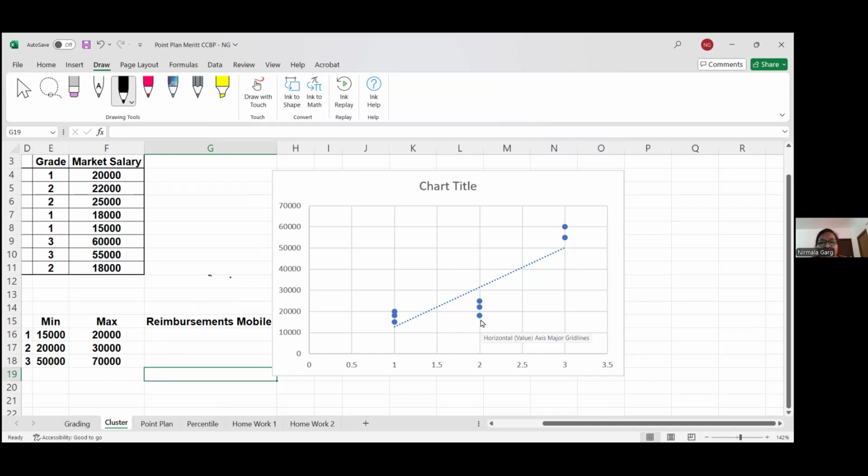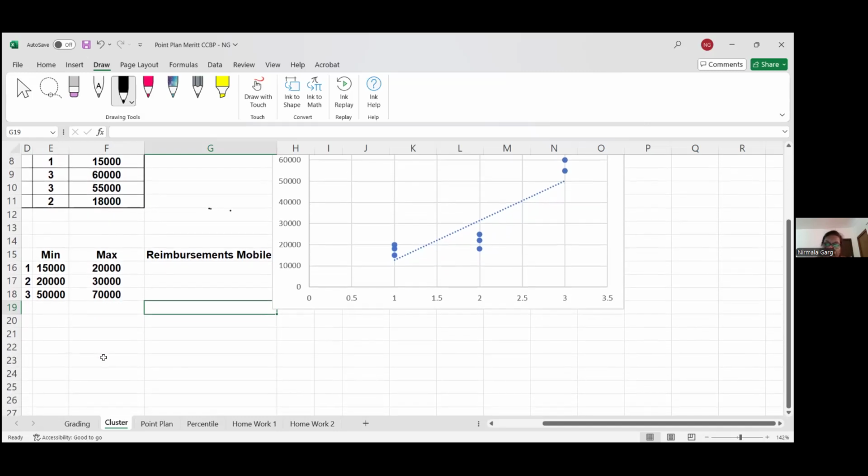What would this be? 20. And what is this one? 30. Say, or if I want to extrapolate it, because you are not giving a salary, you are only designing a salary structure, I'll say, okay, fine, because of the positions, I will make it as 30. So grade 2, I made it as 20 to 30,000.